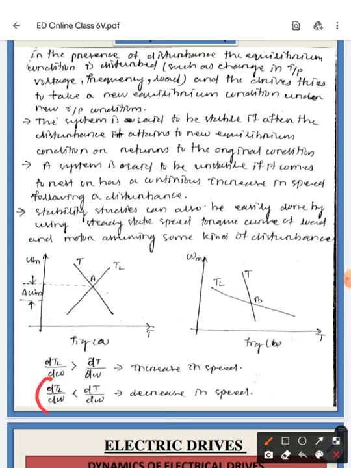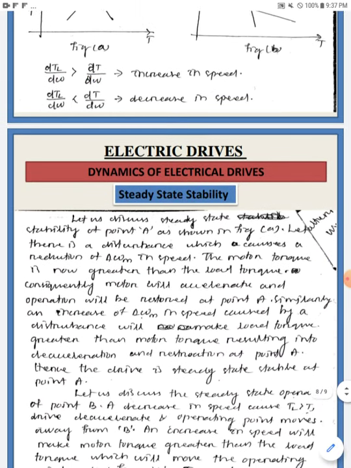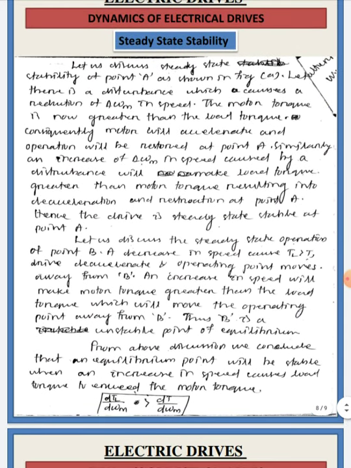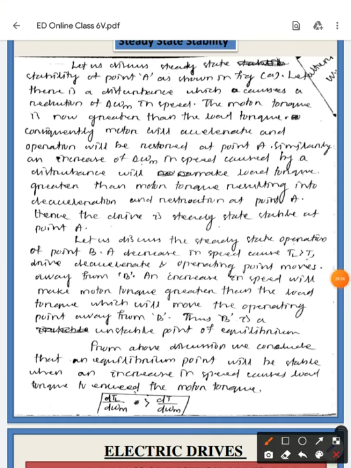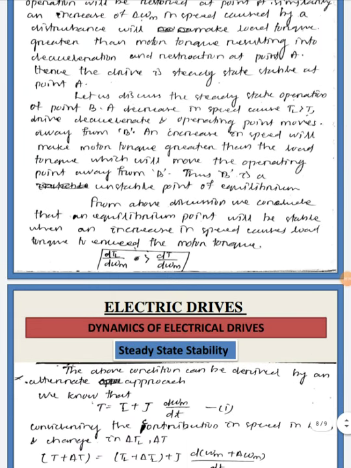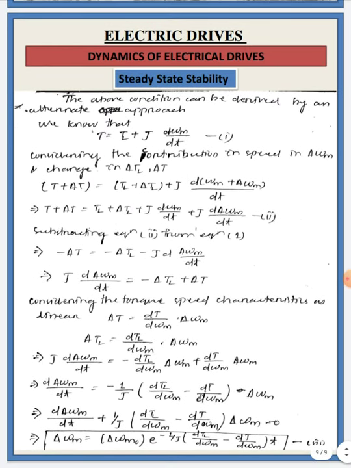And if the load torque is less than your motor torque, then to get stability we need to decrease the speed of the system, right? So this is the steady state stability theory part. Students should go through all this theory and you will get the knowledge, so no need to explain all these things.